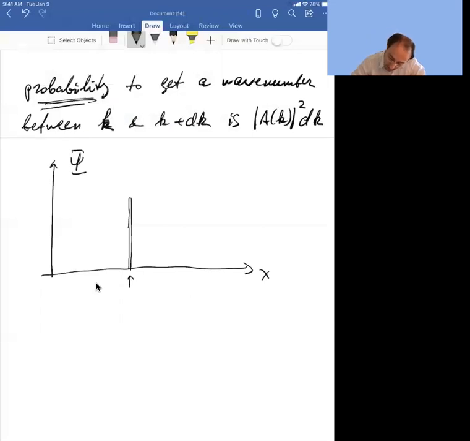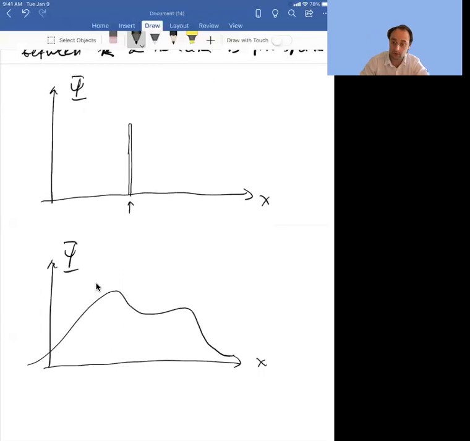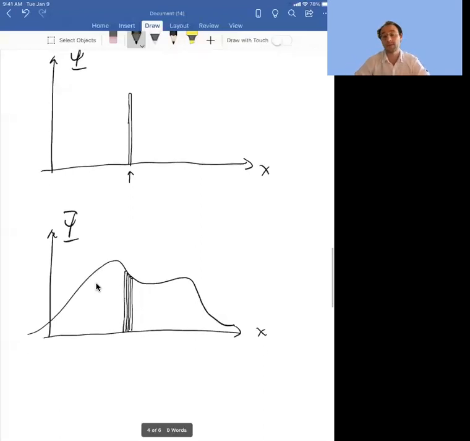And what if the wave function is something continuous like this? It's a different wave function. You can think of this as a wave function made up of a series of peaks, but these peaks are all represented with different amplitude.